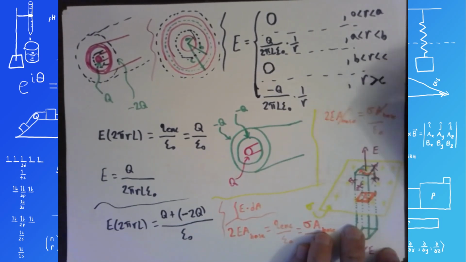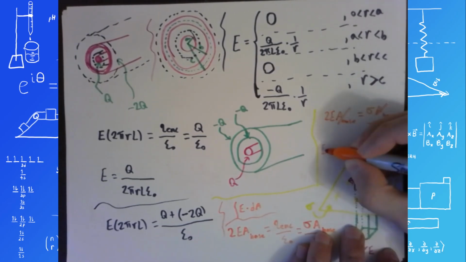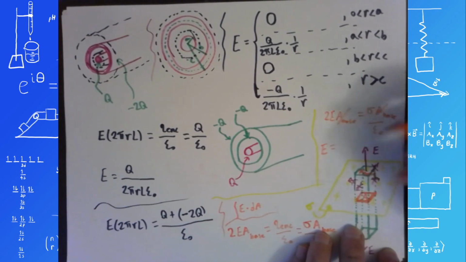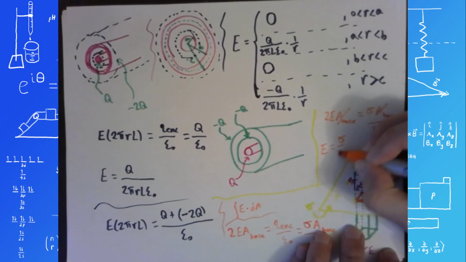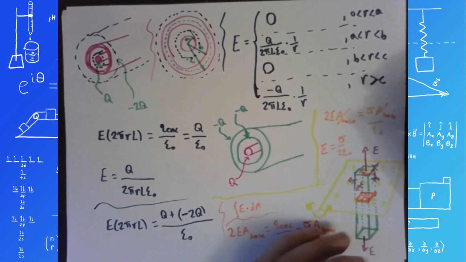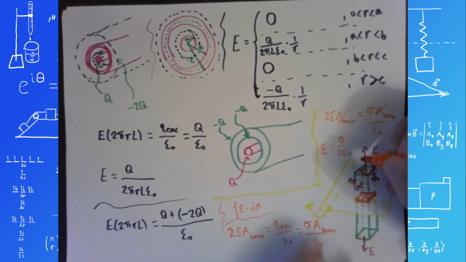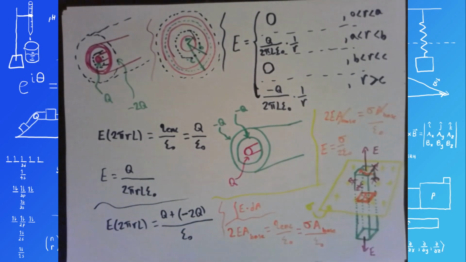The area cancels out, divide by 2, and the electric field, at least its magnitude, is equal to sigma over 2 epsilon naught, or if you prefer, you can also pull the 2 out and write it as a 1/2 instead.